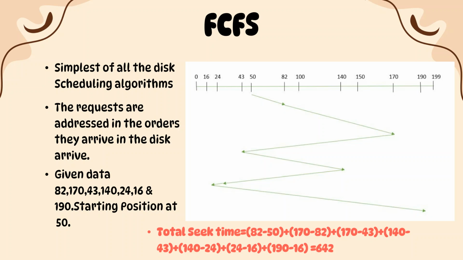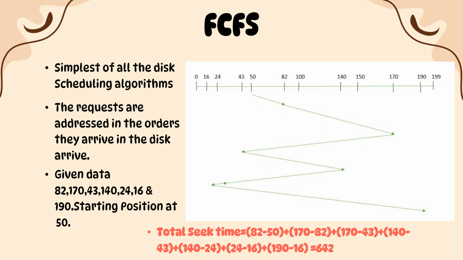After that the data is available at position 140, so the head moves from 43 to 140. After that 24, then 16, and finally 190. So in the FCFS scheduling algorithm, the read and write head movement is zigzag.